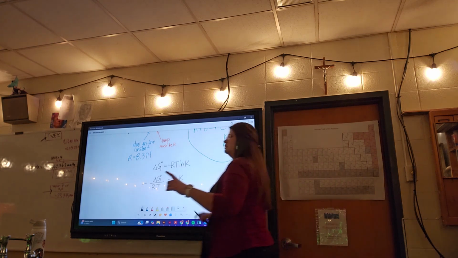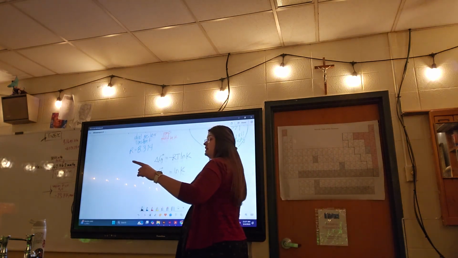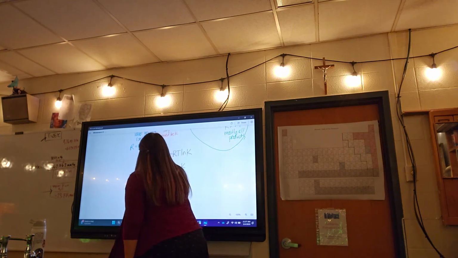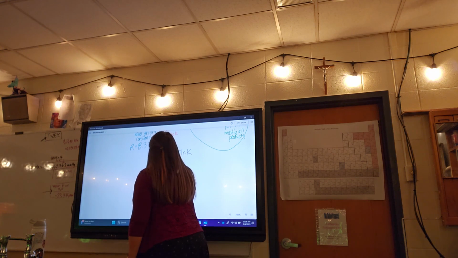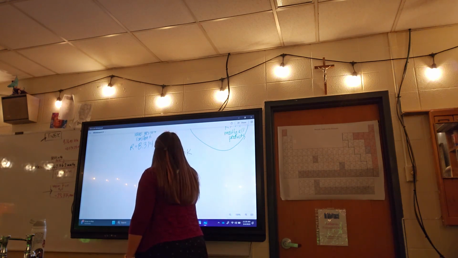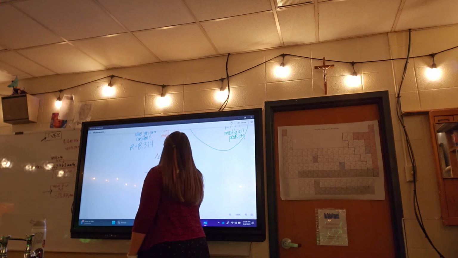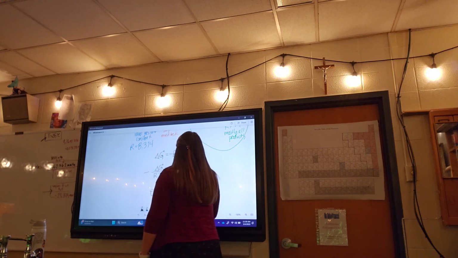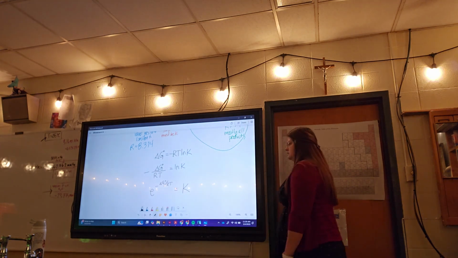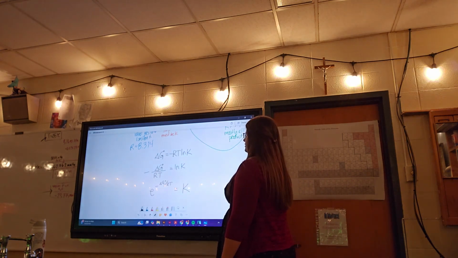Is it exponential? You raise everything to the E. Yep. So then you would have E, which is a number, but most usefully it's a button on your calculator. And so K is equal to E to the negative delta G divided by RT.